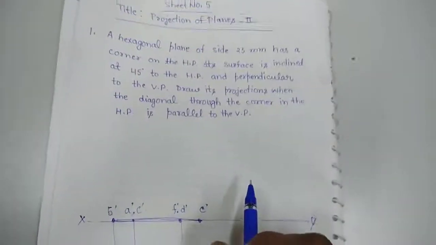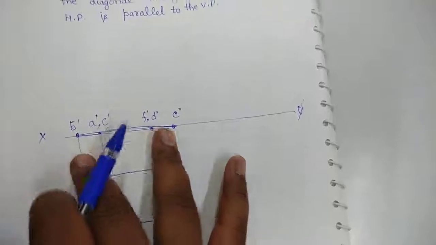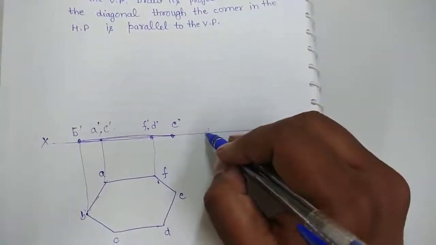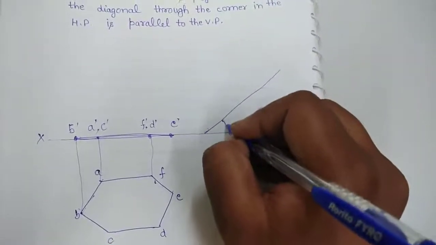So the question is saying it is inclined at 45 degree to the HP. So you have to incline this line from the HP. You have all the lengths. Just incline it at 45 degree.